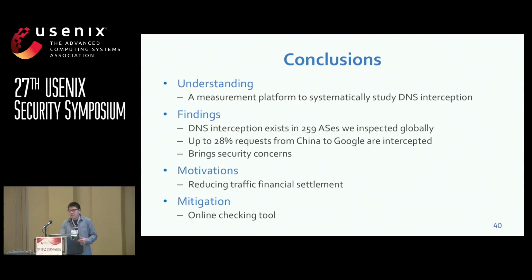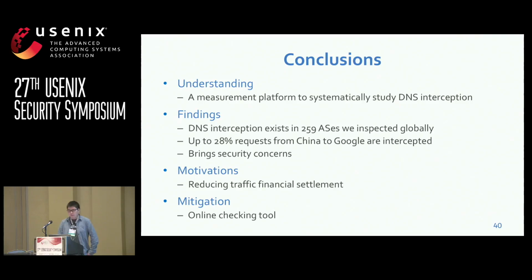Finally, a brief summary of this talk. By detecting and measuring DNS interceptions, we provide an understanding of this hidden behavior. We collect clients from more than 3,000 AS numbers and find over 250 ASes that exhibit interception behaviors. Especially, we find in China, up to 28% of DNS requests to Google DNS are intercepted.